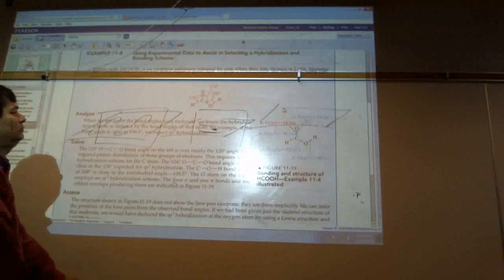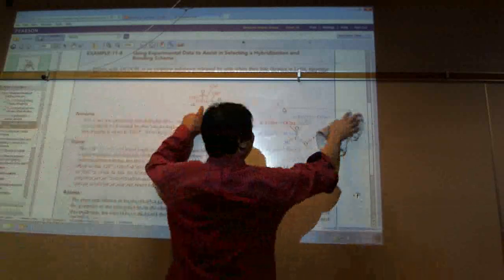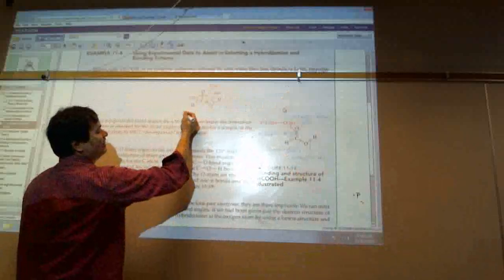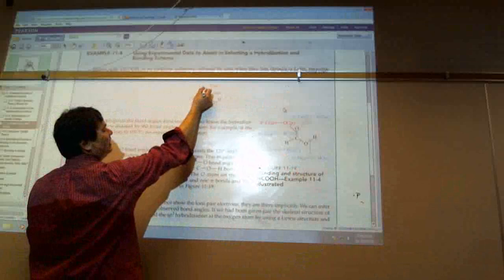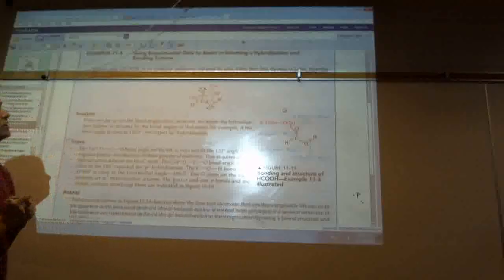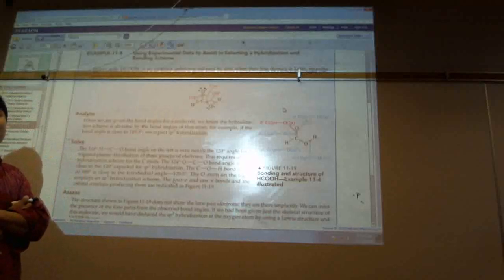Let's look at some more complicated molecules here. You recognize this? It's missing lone pairs, but this is formic acid, or methanoic acid.